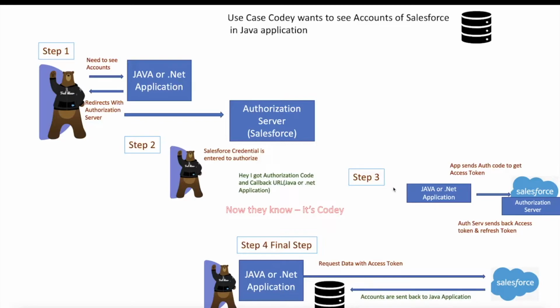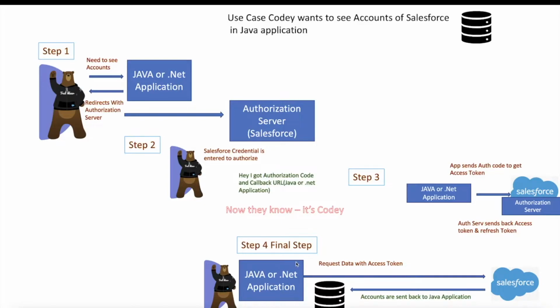But in the background, he has not yet got the access token to get data from Salesforce, because he has only got an authorization code. Now with the authorization code, the Java or .NET application will send a request to get the access token. The authorization server at the Salesforce side will send back the access token as well as a refresh token.